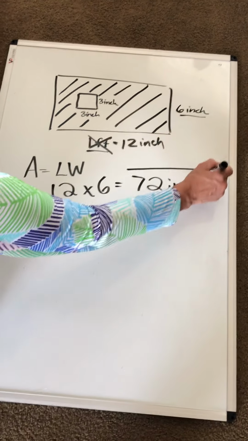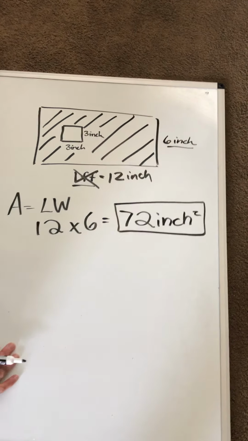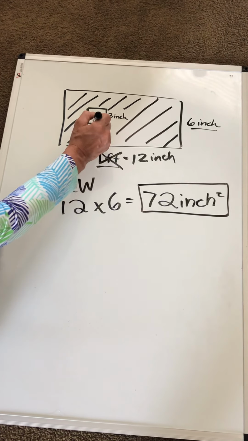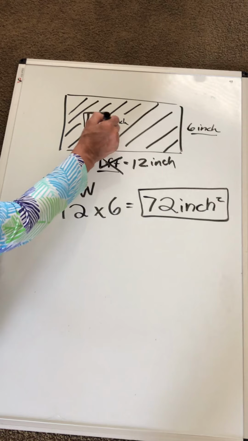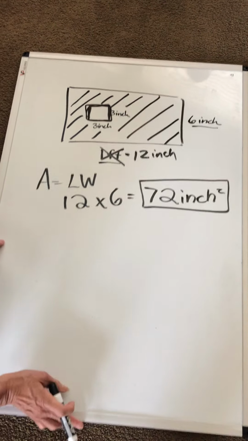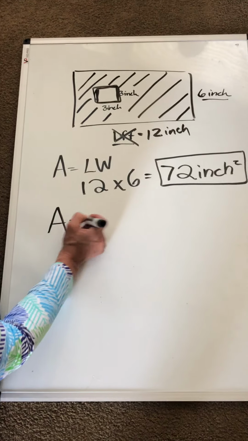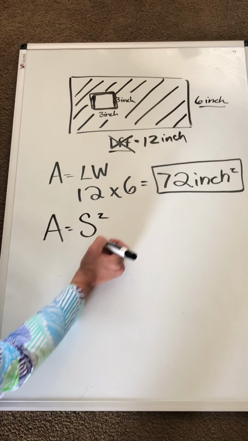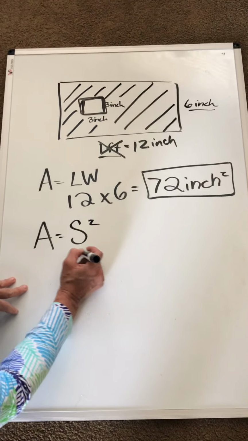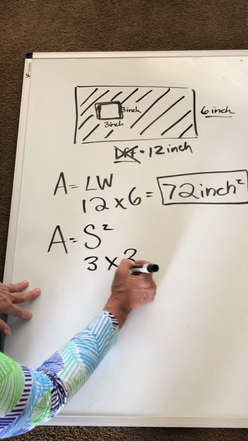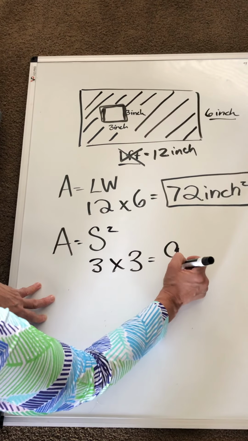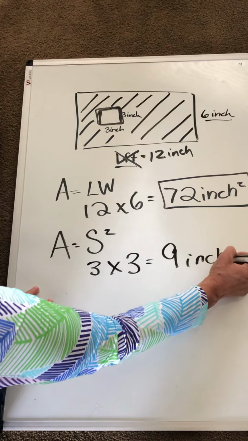That is the area of the rectangle. Then we want to find the area of this square here that's taking up some space. Again, the area of a square is side squared. So we have 3 times 3, and that equals 9 square inches.